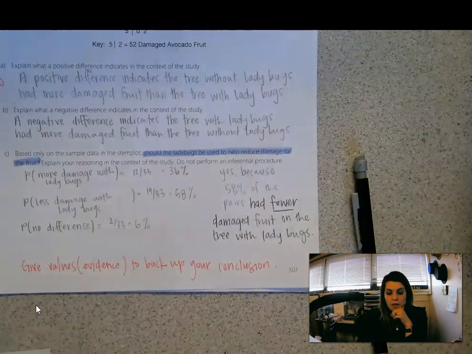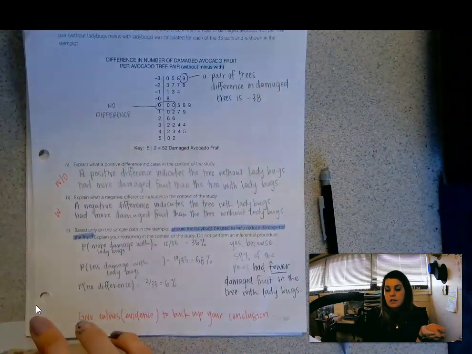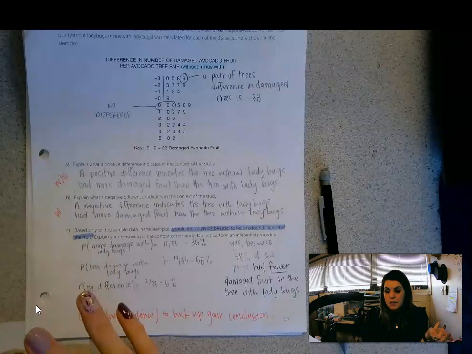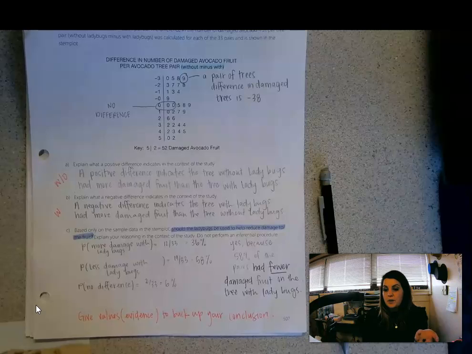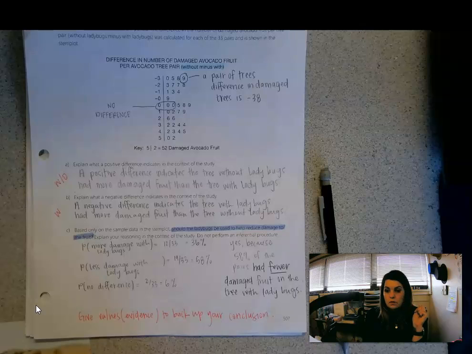So feedback for this problem is not necessarily about stem plots and histograms and displaying the data. It's more about, do you know how to read the graph? Can you wrap your mind around what they're asking you? And can you describe with evidence your conclusion? So there's that.